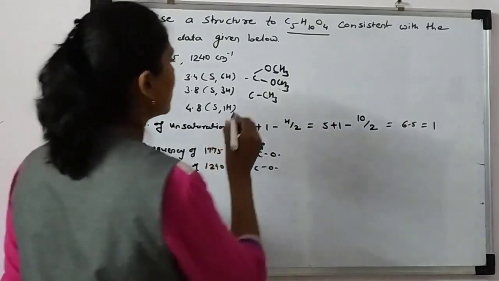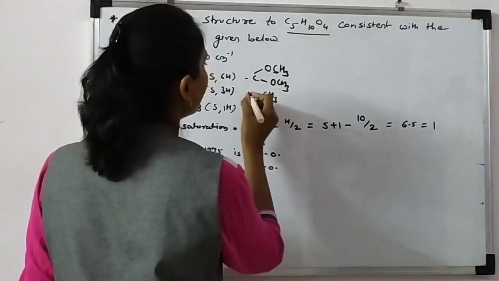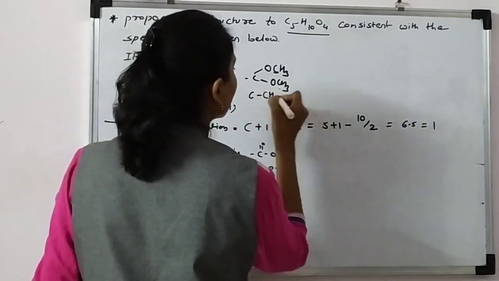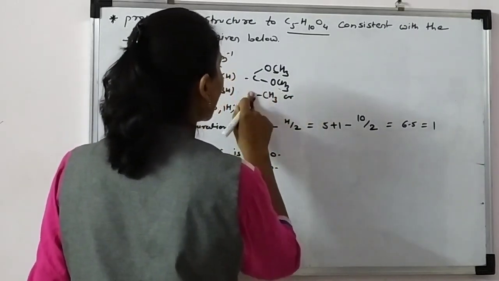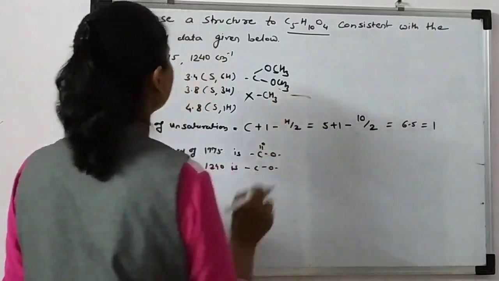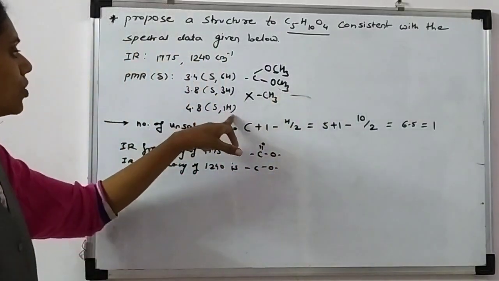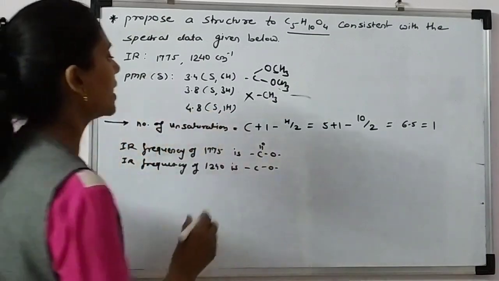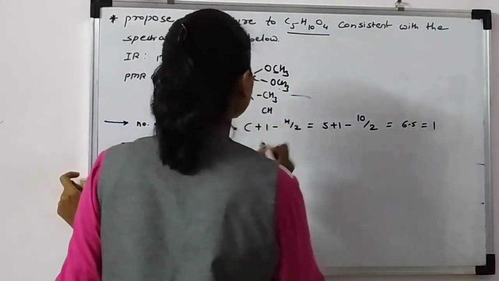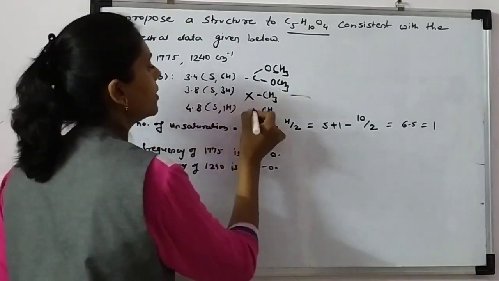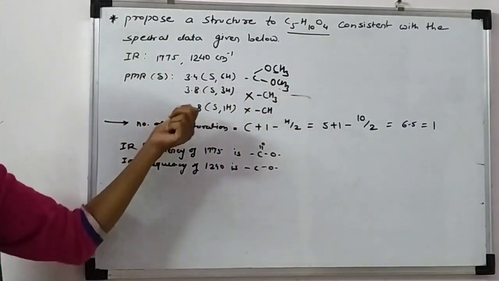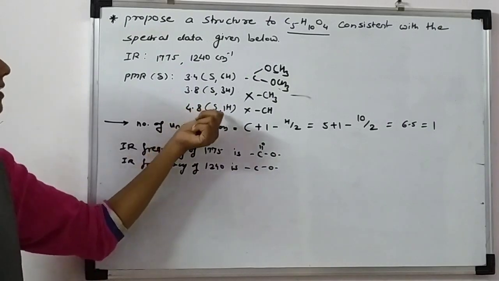Maybe carbon or an electronegative group; we can say X. Here 1 proton gives a singlet. That means there again is 1 CH group, attached to X, since 4.8 gives a singlet.